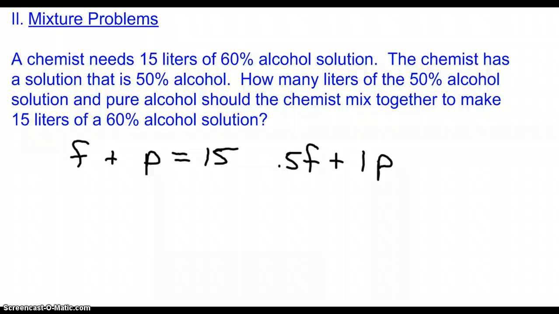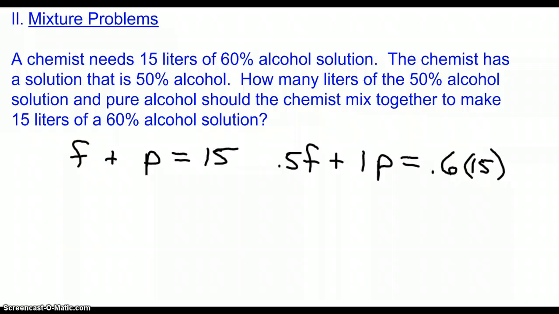When we place that together, whatever those exact amounts are, will total what we want, which is 60%. And it will be 60% of how much will be in that total mixture? That's right, 15 liters. We actually know how much the total mixture will be.